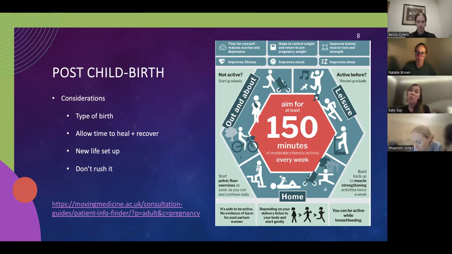It's also incredibly life-changing, and it doesn't matter how much anybody tells you it will be until you go through it. You don't quite realize how life-changing it is. So you are going to have a new life setup that you are going to want to factor in. Both you, your baby, and or partner will need to get used to how your new life goes. So the main thing is don't rush it.